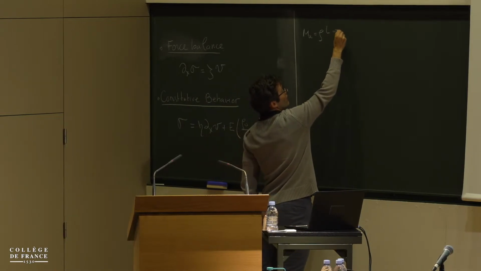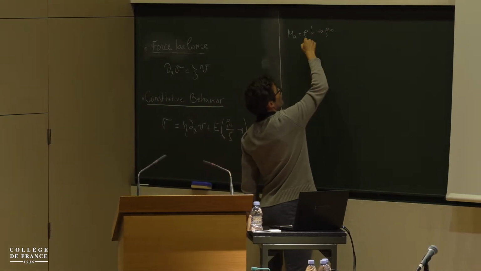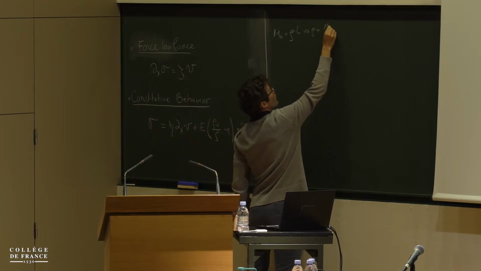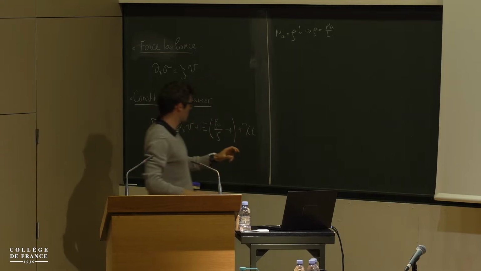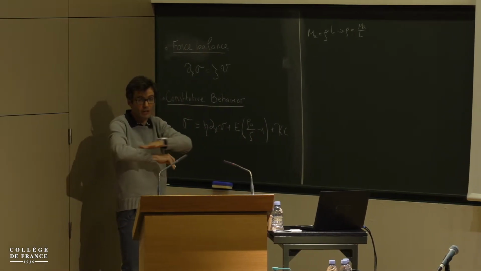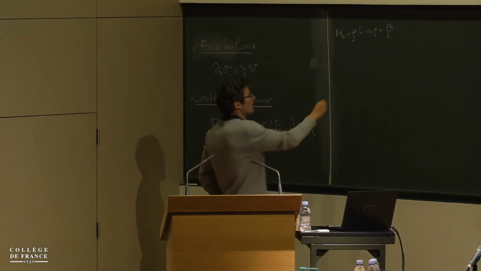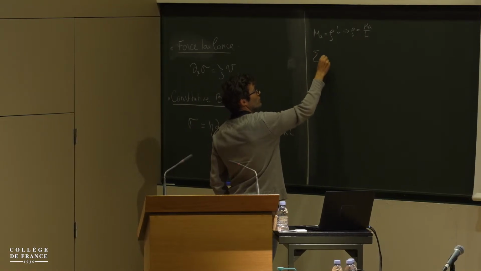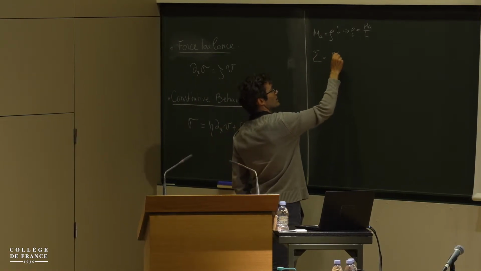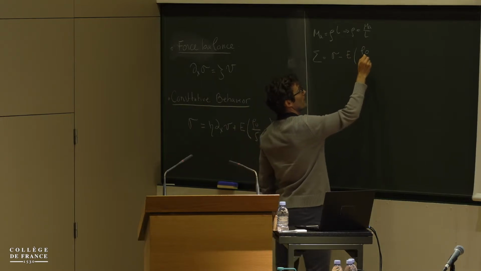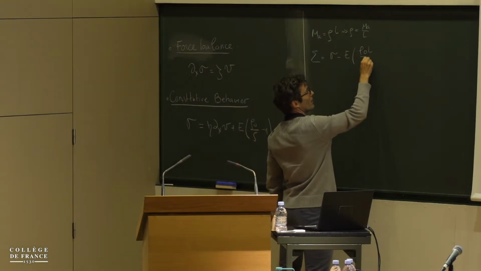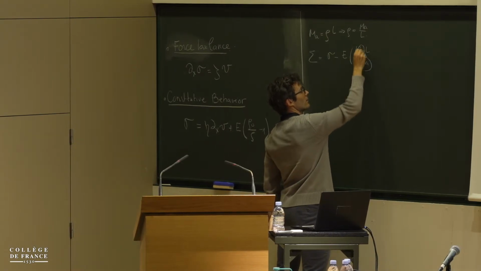And from here, you get the value of the density, which is proportional to the inverse of the length. And you can plug this in the elastic term, which becomes completely homogeneous. You can introduce a kind of a reduced stress, which is sigma minus E rho naught L over MA. So this is a rest length.